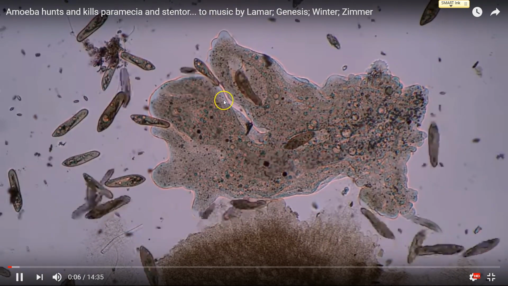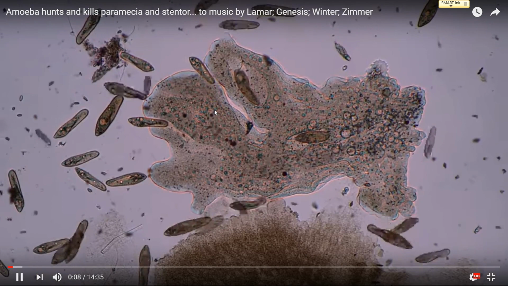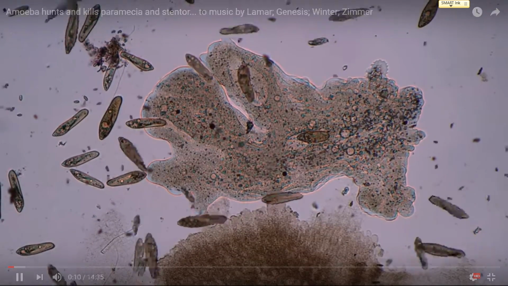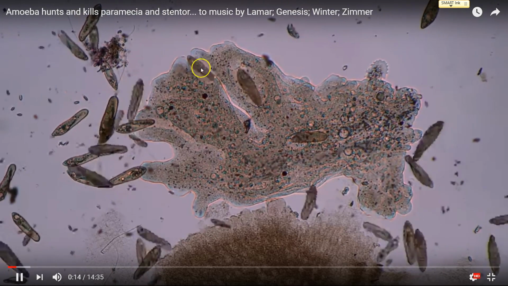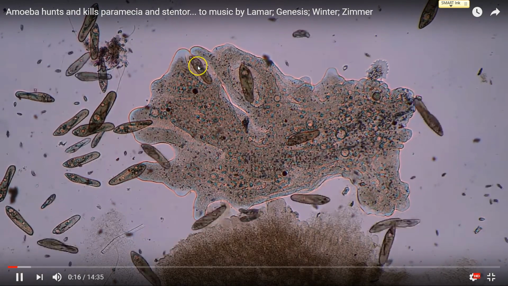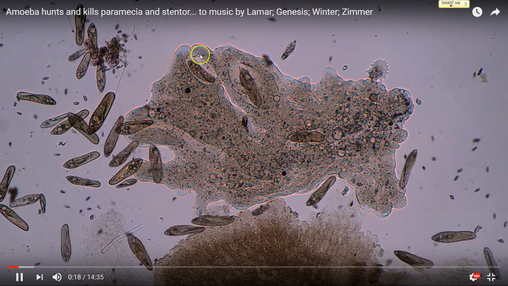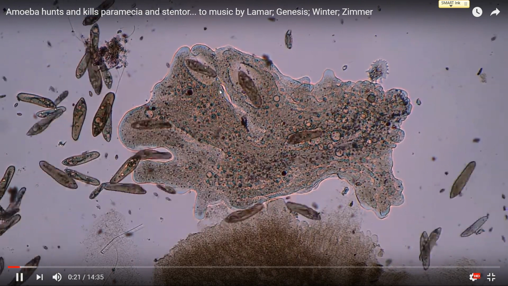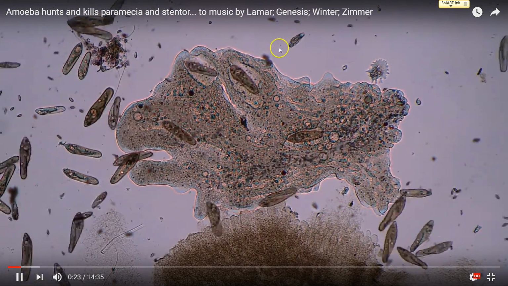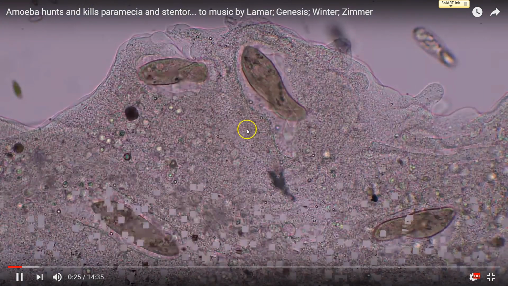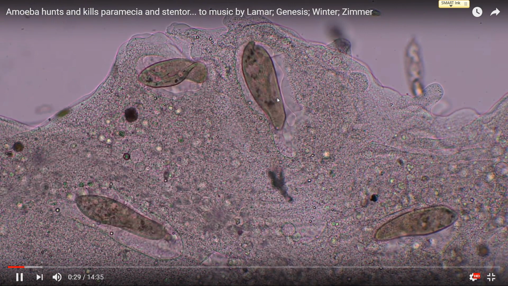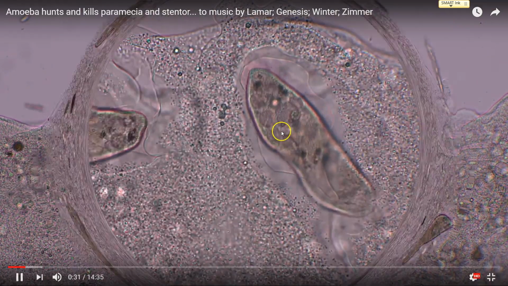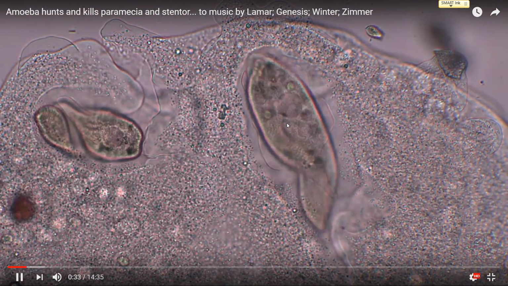And the other day when I was explaining endocytosis, when cells bring things in, they wrap their membrane around it. You can see these paramecium have been wrapped up in the membrane of the amoeba, and now they're on the inside of the amoeba. So the paramecium is inside that amoeba right there. This is great footage. And soon enough, a lysosome will come over, right?